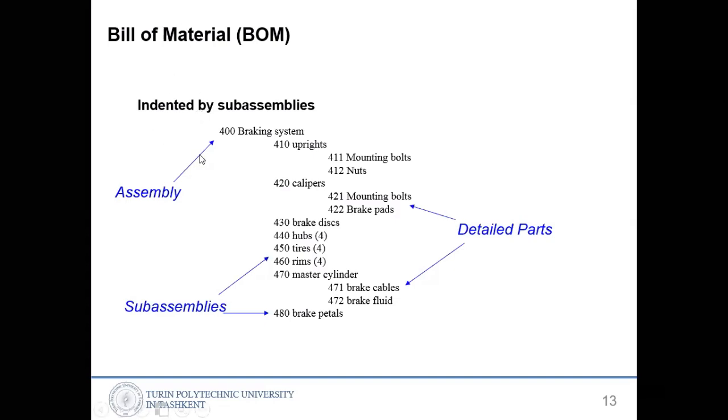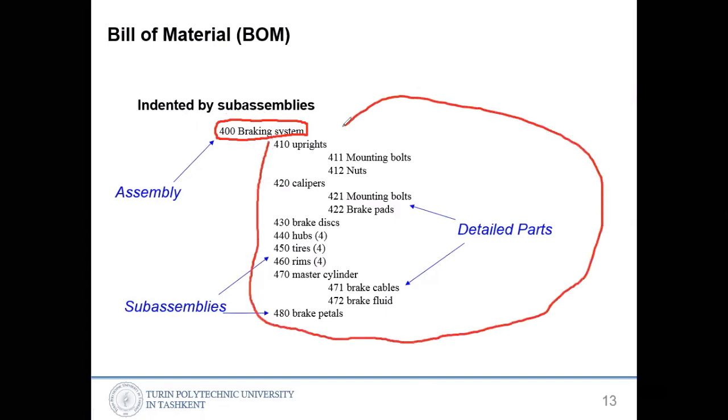Assemblies and sub assemblies inside the bill of material are shown in this slide. For example, the braking system is a big assembly. The number of the braking system is 400, and all other parts are included inside this assembly.